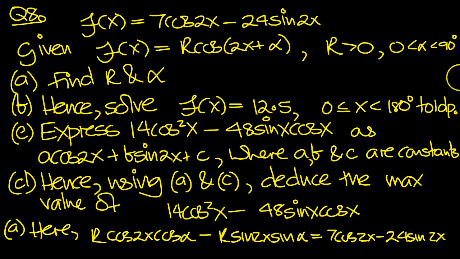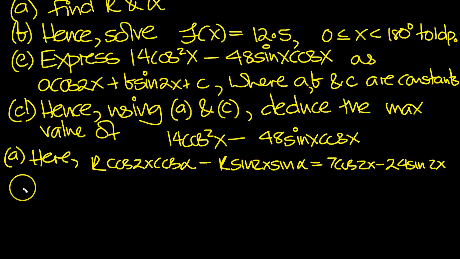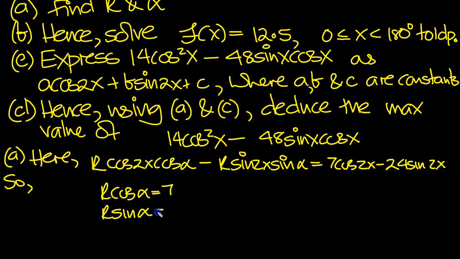Now we can read off the correspondences between cosines and sines. As far as the cosines are concerned, 7 is r cos alpha. And for the sines, both the minuses tally, so r sine alpha equals 24. So this is equation 1, this is equation 2.